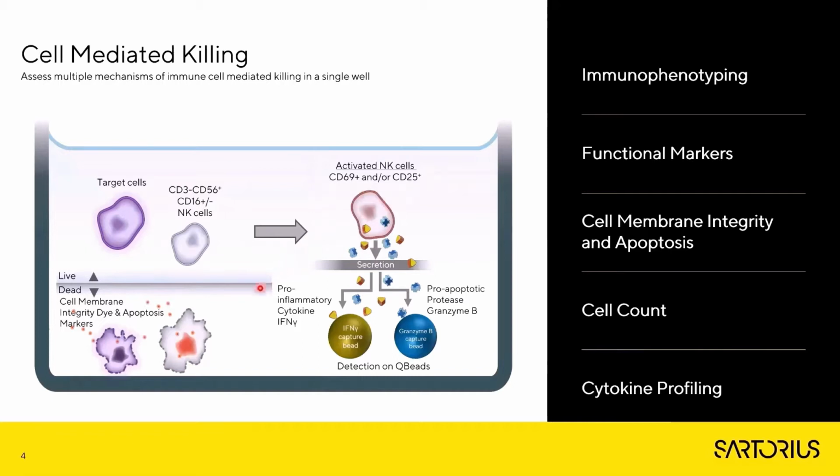We're interested in cell death, of course, so we're potentially going to be looking at cell membrane integrity dyes and markers of apoptosis. Cell count is, of course, important as well. And we're also potentially interested in cytokine profiling. So looking here at pro-inflammatory cytokines, such as interferon gamma, and pro-apoptotic proteases, such as granzyme B.